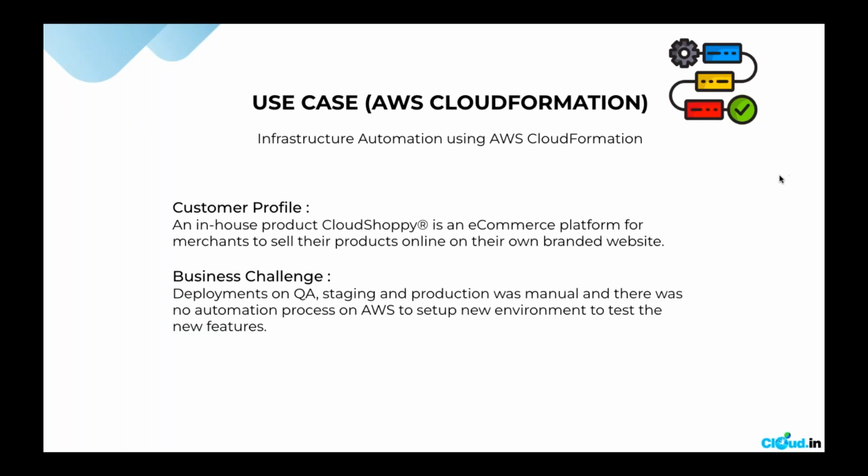So the business challenge that they were facing is the customer base started increasing. The development and release teams had a tough time to release frequent new features and patches to the production. So deployments on the QA, staging, and production were manual, and there was no automation process that they had to follow.